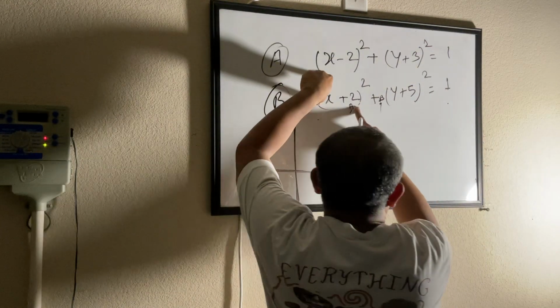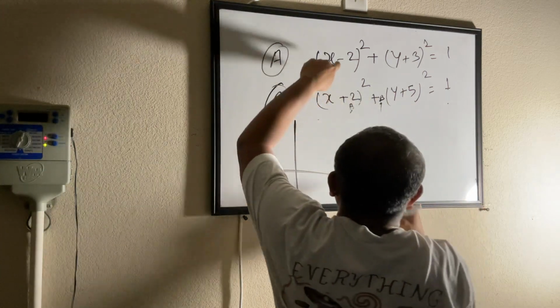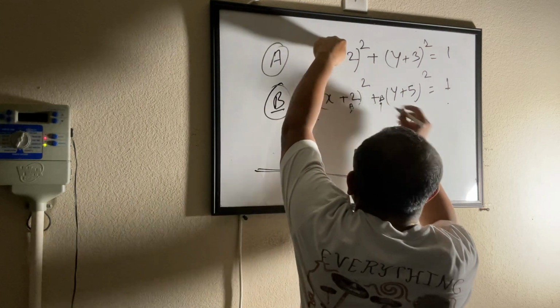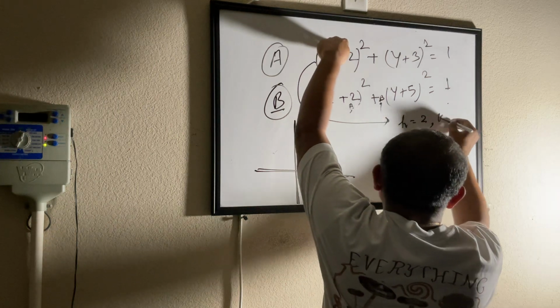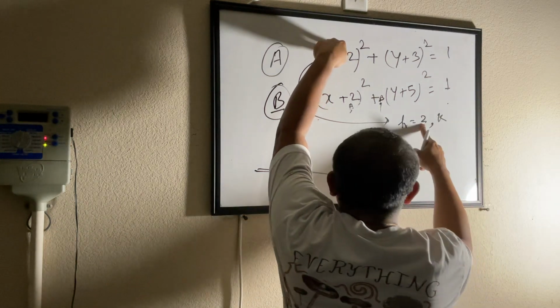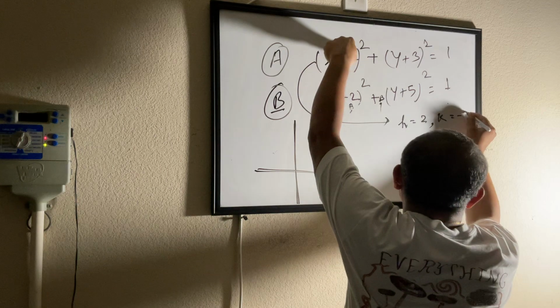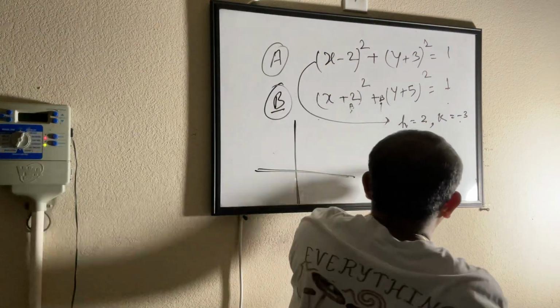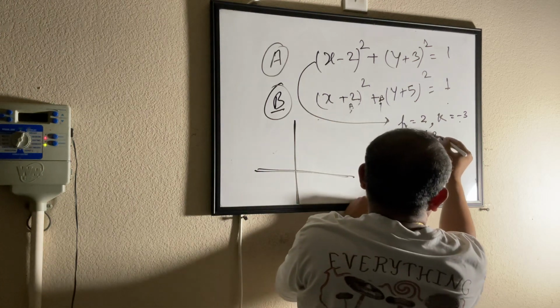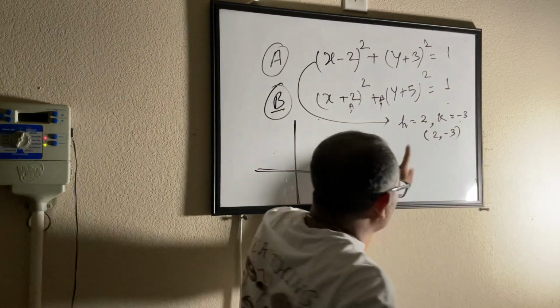(x minus h) squared plus (y minus k) squared. Here, if you look at the first circle, h is 2 and k is minus 3, meaning the x coordinate is 2 and the y coordinate is minus 3. That is how it becomes plus. So the center for this one is 2 comma minus 3.